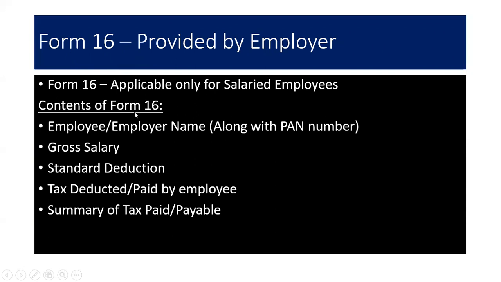So what are the things you will find in Form 16? First, you will have the employee details and employer name. Suppose I'm working in a corporate, then my name will be available as the employee name, and the employer name will also be available, along with the PAN numbers of both the company and us. The major content will be your gross salary, how much salary you have earned during the period, and the standard deduction.